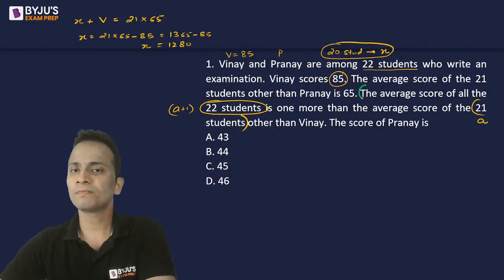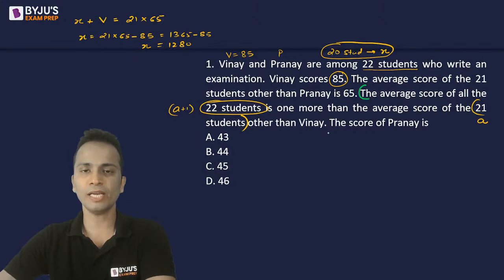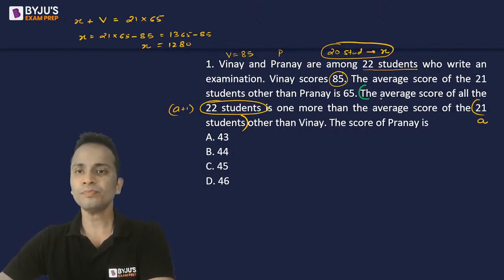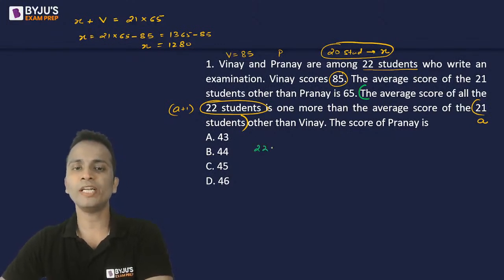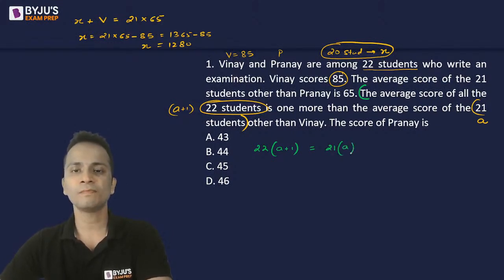Now, next part. The average score of all 22 students is one more than the average score of these 21 students other than Vinay. So the sum of these 22 students can be written as 22 multiplied by (A plus 1). The sum of these 21 students other than Vinay can be written as 21 times A, and I can add the score of Vinay, which is 85.